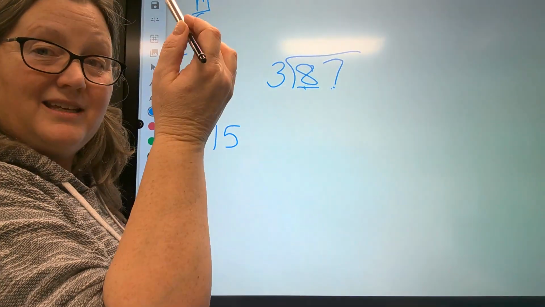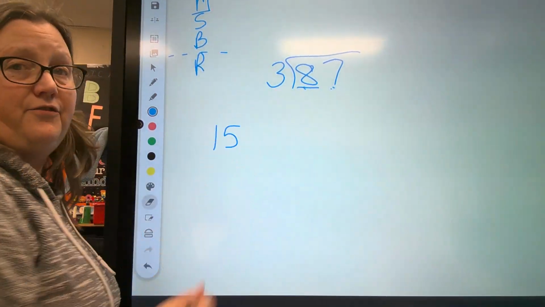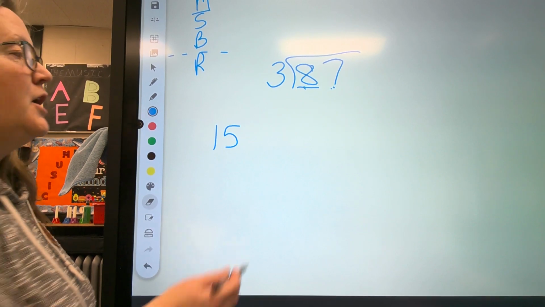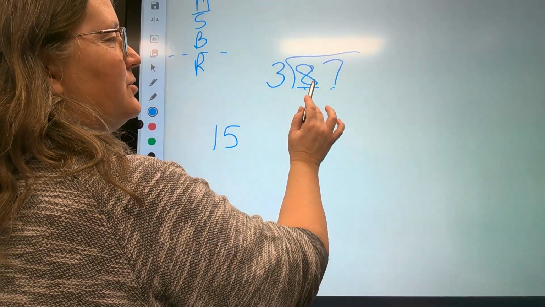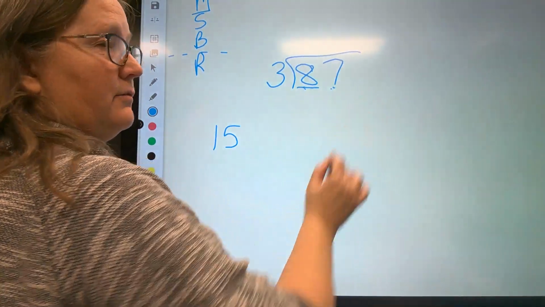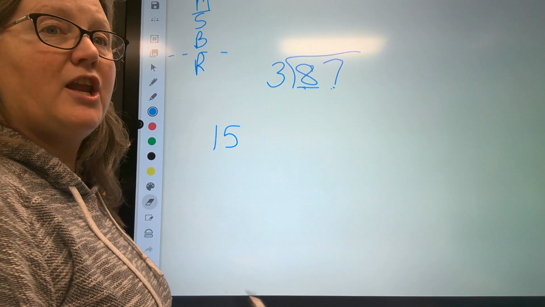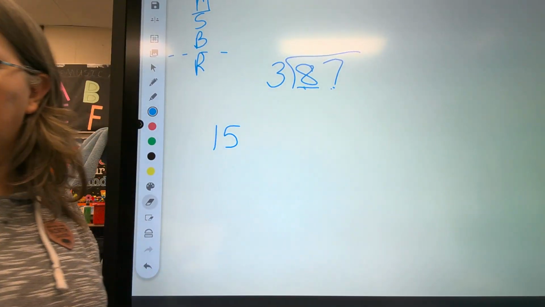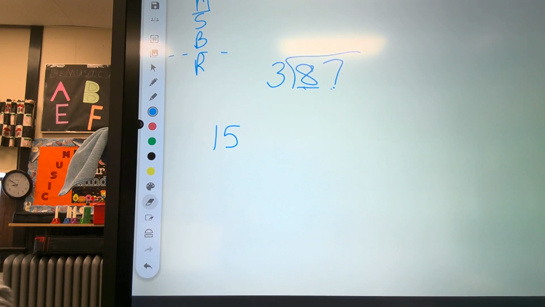Now, do I know easily in my head, does 3 go into 15 evenly? Yep, it does. So if 3 goes into the sum, when I add those digits together, then I know there won't be a remainder, okay? Only works with 3.